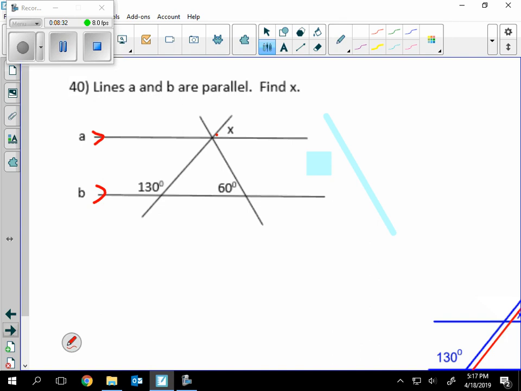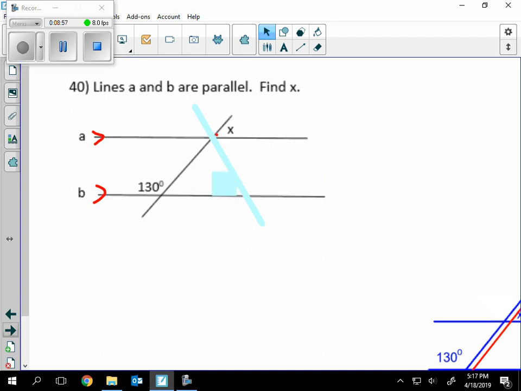And wow, there's so much going on in this picture. Sometimes it's a good idea to take away parts you don't need. For instance, I see this angle X and I see the lines that it's formed with. I'd like to cover up the lines that don't create angle X. Do you realize if I cover up this line right here, I'm not covering up anything to do with X. And while I'm at it, I'm going to cover up that 60.